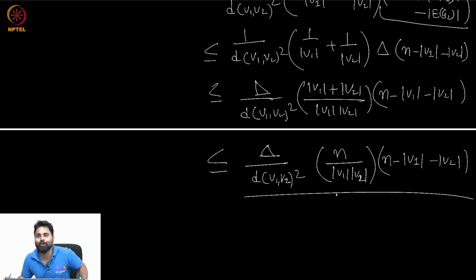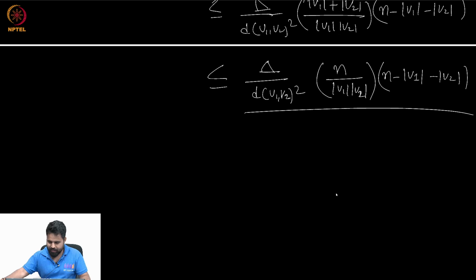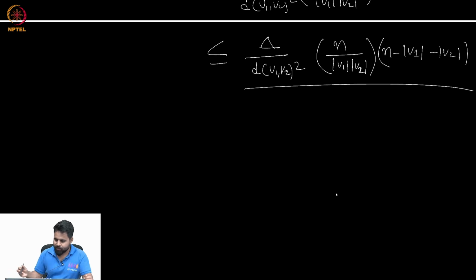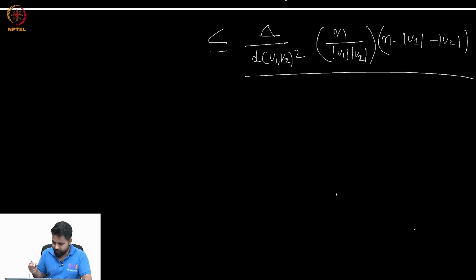Now let us go to another result that tells the relation, some inequality which relates the algebraic connectivity of a bigger graph, the original graph, with the algebraic connectivity of an induced subgraph. So let us see it. Let me write it first.